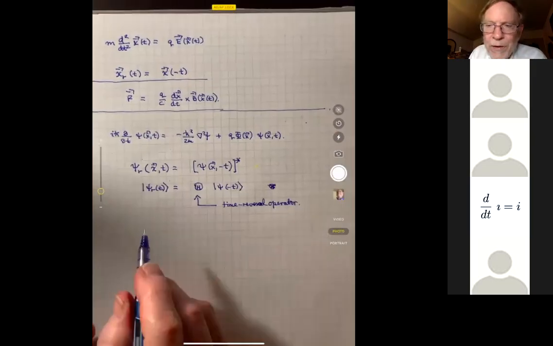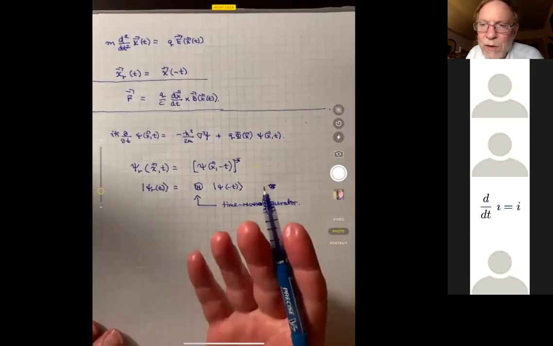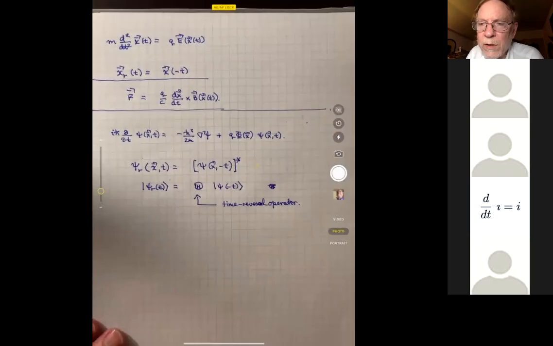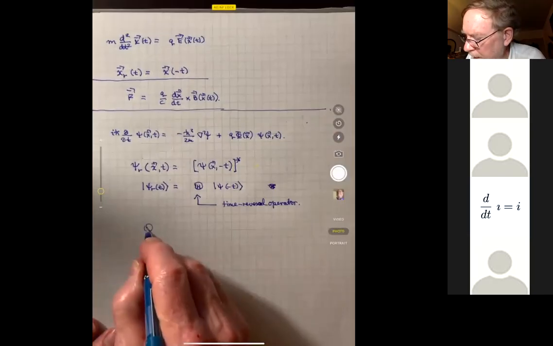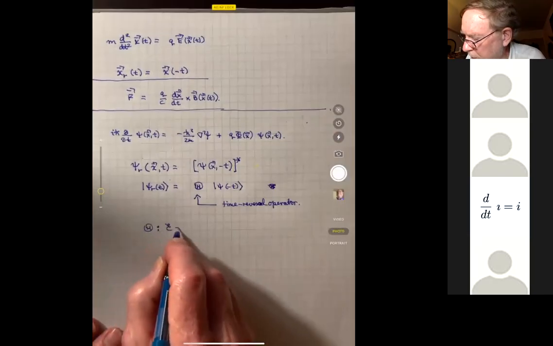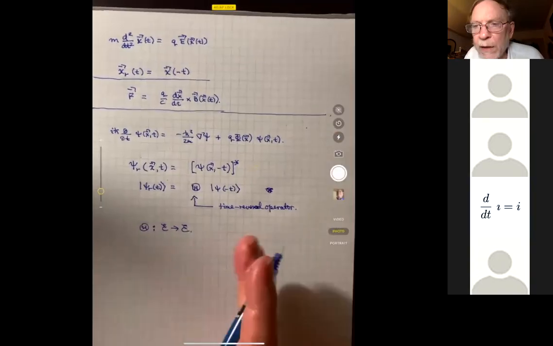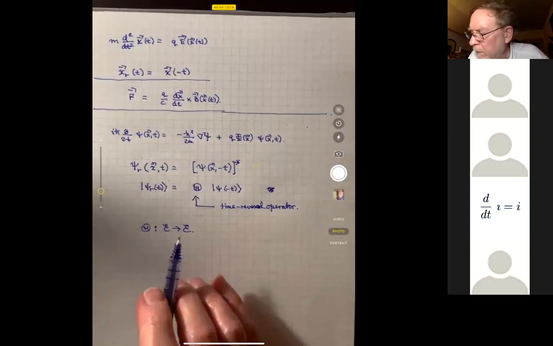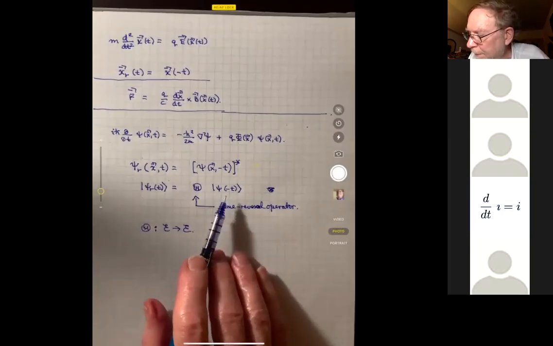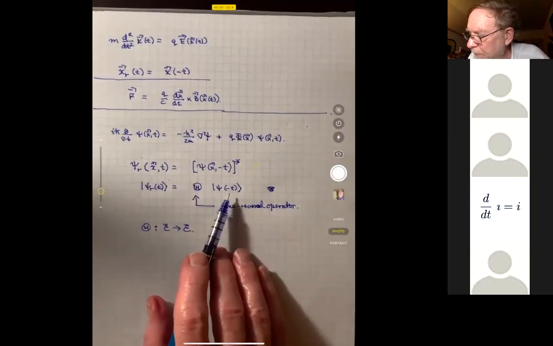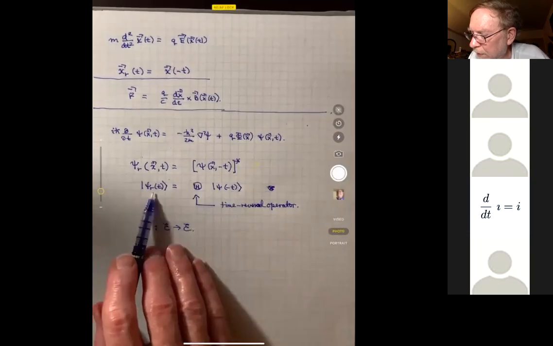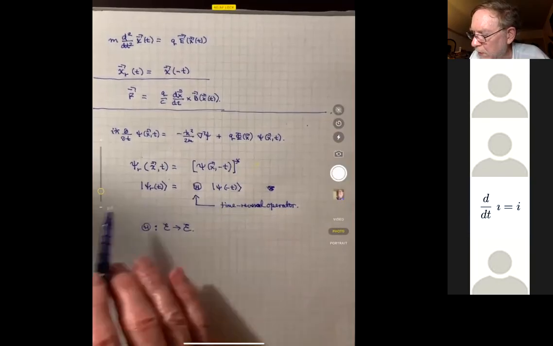It's not an operator that changes t into minus t. It doesn't do that. What it does is it changes wave functions into wave functions. In other words, theta is a mapping that takes the ket space into itself, and a vector in the ket space is mapped into another vector in the ket space. What this does is it maps the ket vector of the backwards motion at time minus t into the ket vector of the reverse motion at time plus t. That's how it works.